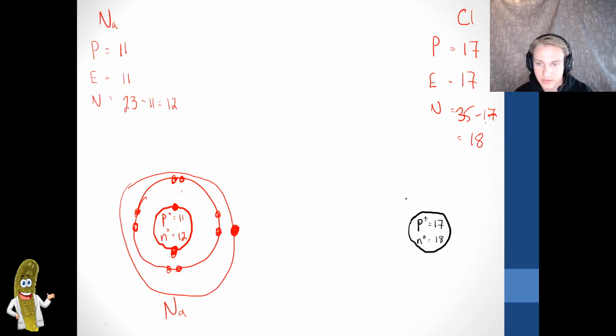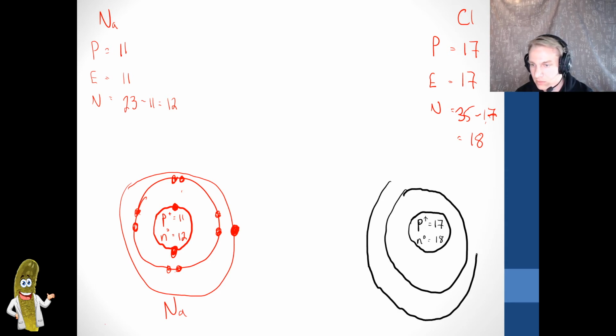So first ring, second ring, third ring. So my first ring, I know it can hold 1, 2 electrons. My second ring, I know it can hold 1, 2, 3, 4, 5, 6, 7, 8 electrons.